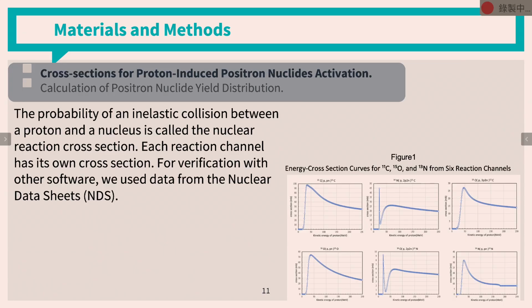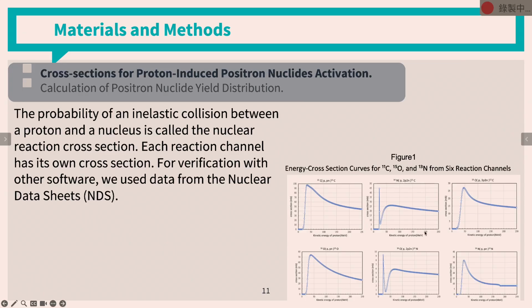It is one of the most authoritative nuclear data sources and is widely used in nuclear physics, radiation medicine, nuclear energy, and proton therapy. The figure shows the cross-sections of carbon-11, oxygen-15, and nitrogen-13 produced under the 6 reaction channels I mentioned before.